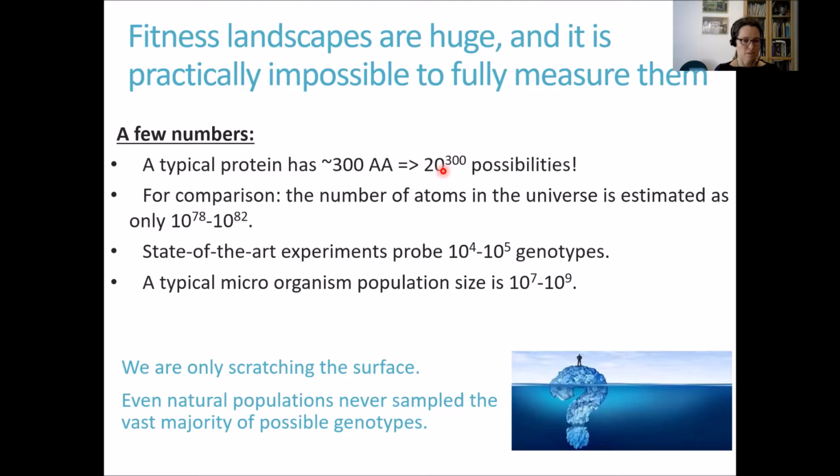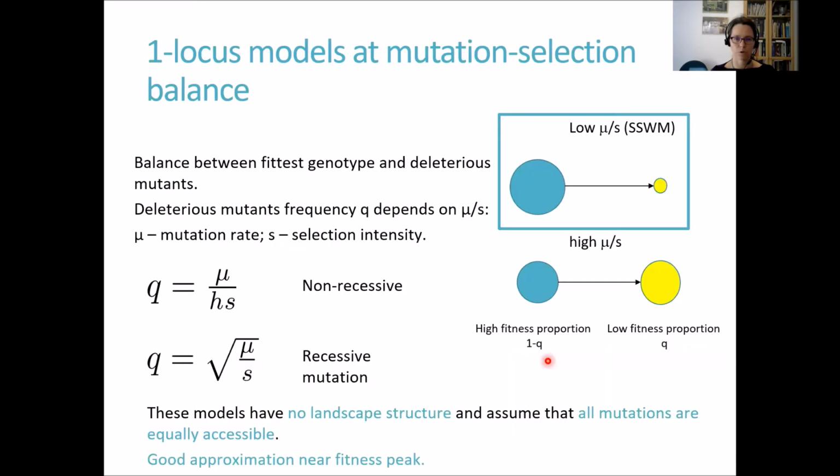So that's the bottom line here: these measurements, as comprehensive as they are, are only scratching the surface and are actually measuring just tiny bits, or the tip of the iceberg, of the real fitness landscapes. Okay, so I was talking until now about the mapping and how many genotypes are mapped in the experiments.